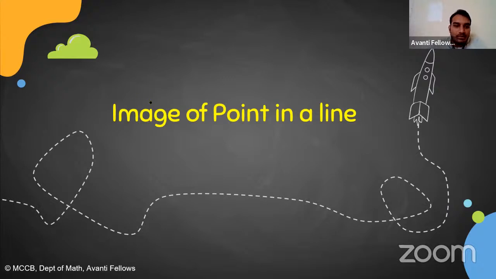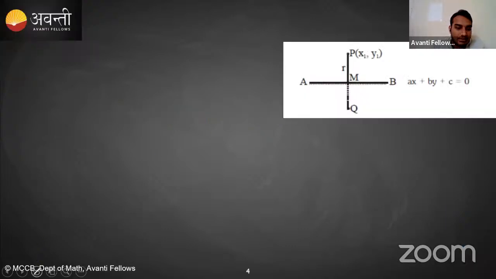Now, the image of a point in a line. What does this mean? Let's say this is a line L: ax plus by plus c is equal to 0, and I need to find the image of point P, which is x1 comma y1.